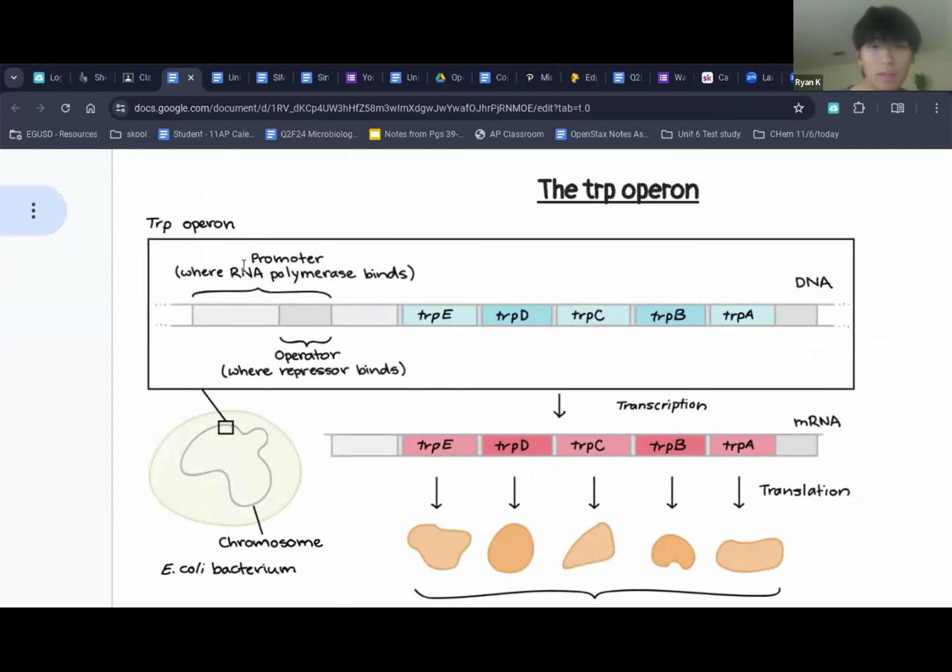So the promoter is basically the go and stop pedal, because the operator would be like the entire car, the activator would be like the key to the car.